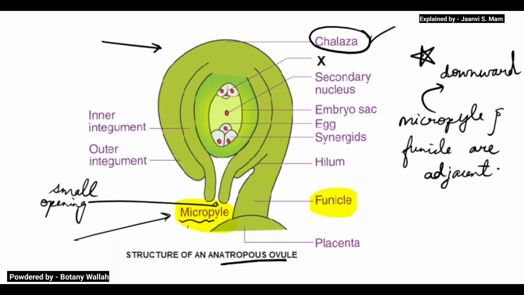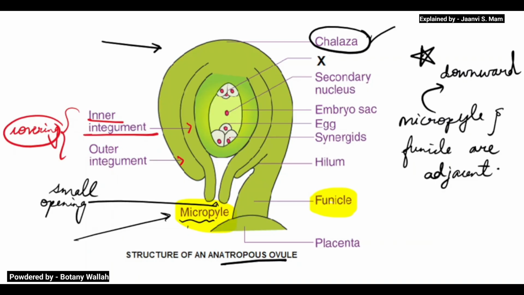Okay, then you can see that there are coverings. These coverings are known as inner covering and outer covering. So we say inner integument and outer integument.